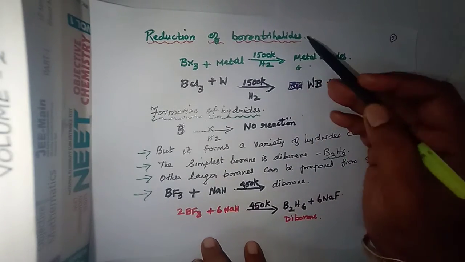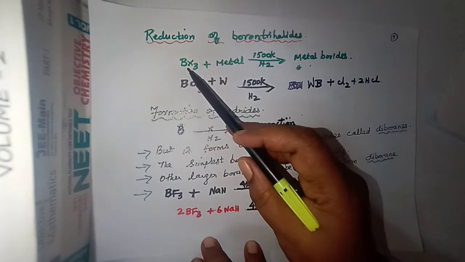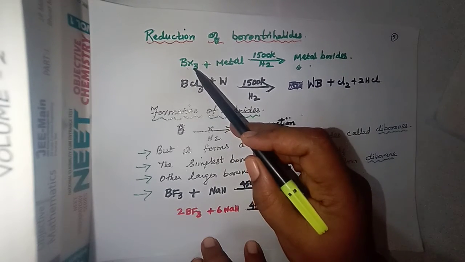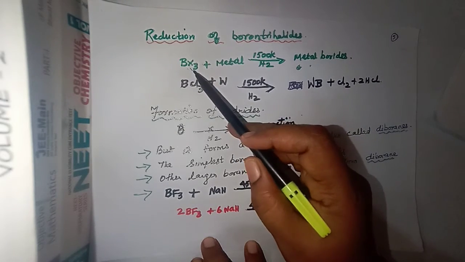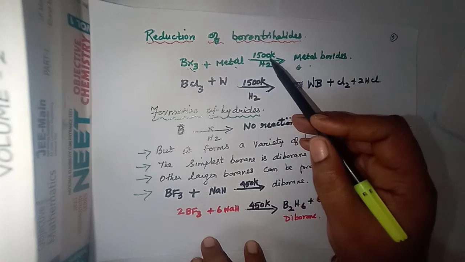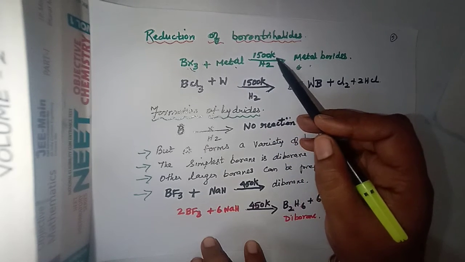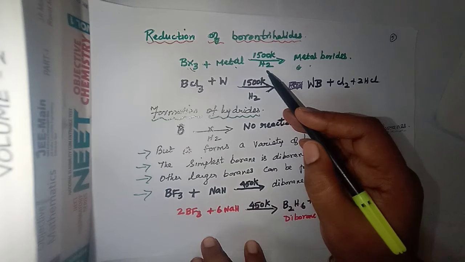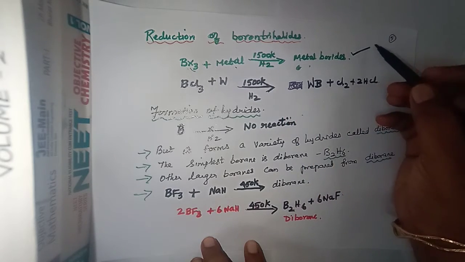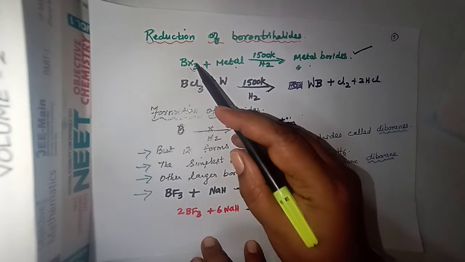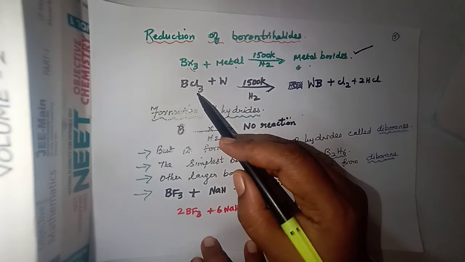Reduction of boron trihalides. Take a boron trihalide BX3 and react with a metal at 1500 Kelvin in the presence of hydrogen, it forms a metal boride. Now take BCl3 instead of a halogen.